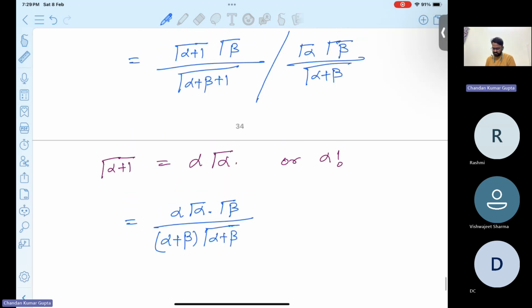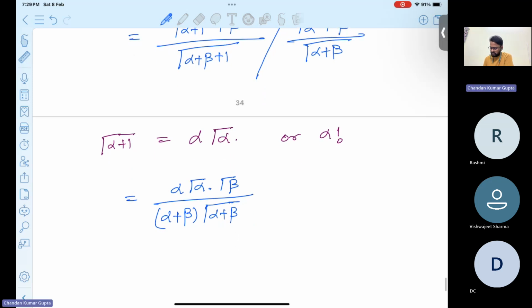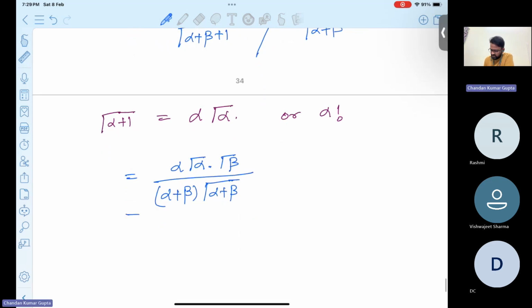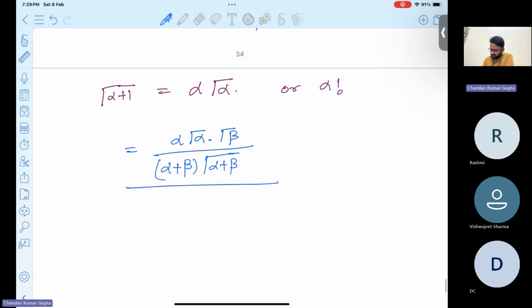We can write like this. And this is divided by this quantity, which is gamma alpha, gamma beta, and gamma of alpha plus beta.